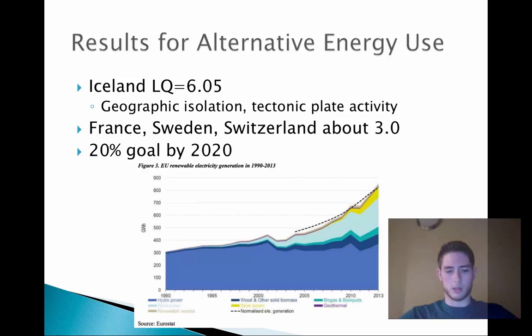And this chart below shows the different types of alternative energy and how they've grown and been used over time. So obviously hydropower has been the mainstay for the longest, but in recent years wind power and solar power have started to make a significant impact.